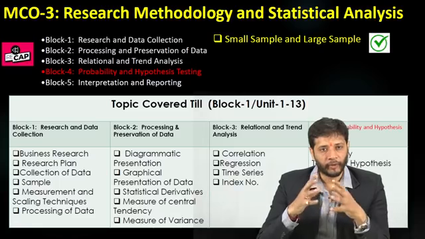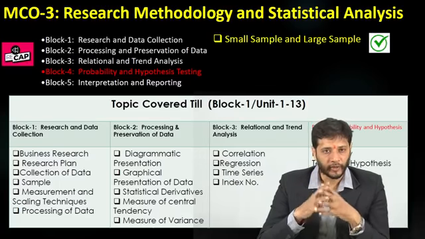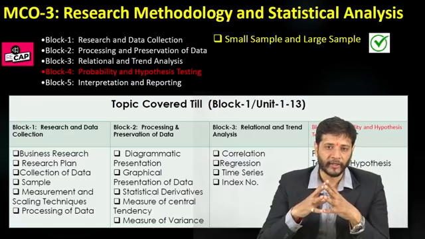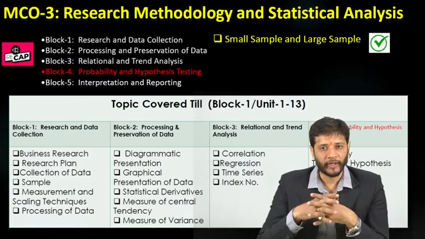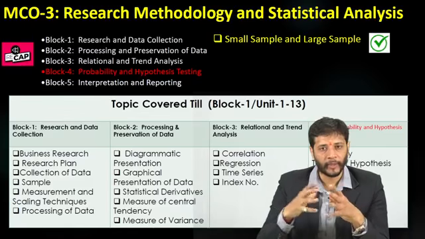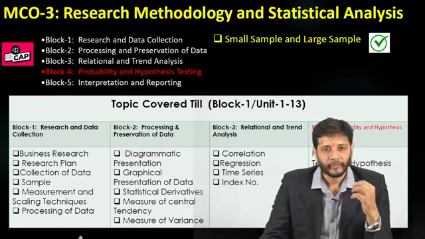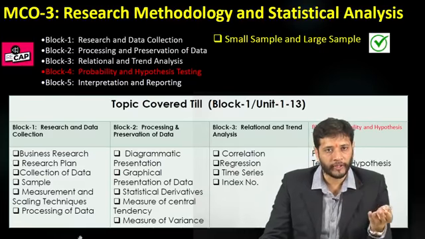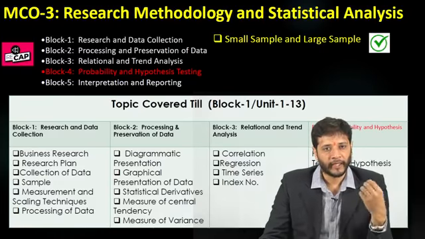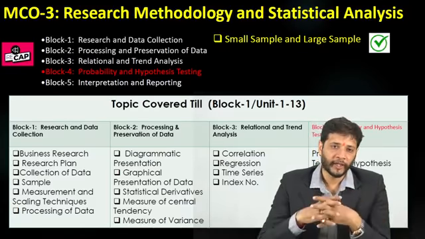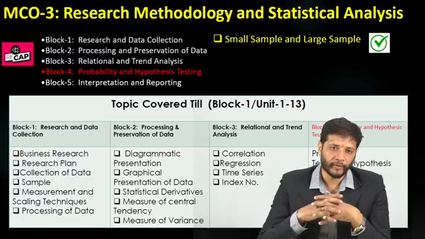So the fourth block emphasizes execution: whatever we have studied and learned in our preceding sessions, we try to apply and then conclude with the help of certain tools, either probability, probability distribution, or testing of hypothesis. When we go into the depth of testing of hypothesis, we apply the theory of hypothesis, which we have already studied in our preceding session, bifurcated into null hypothesis and alternate hypothesis.